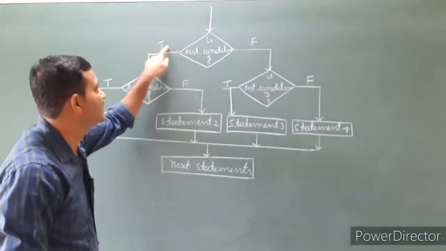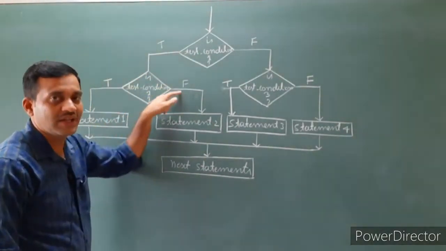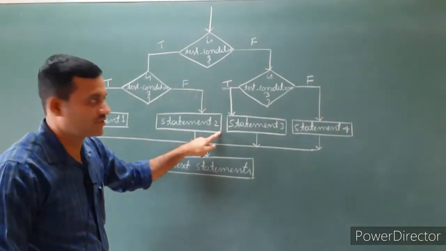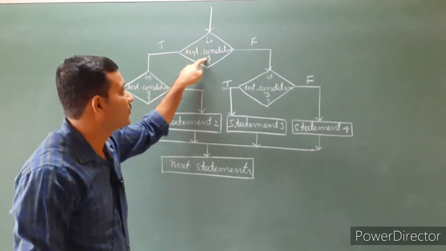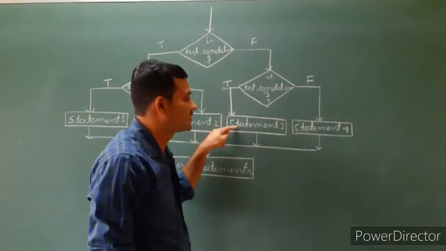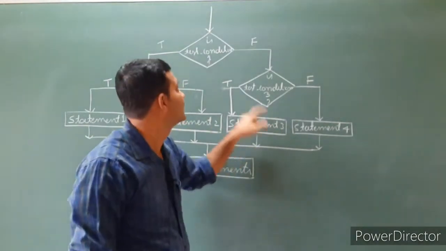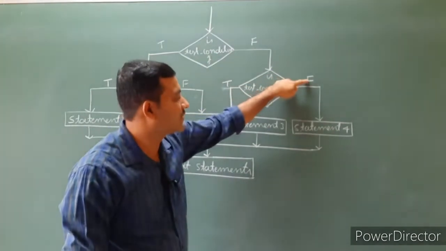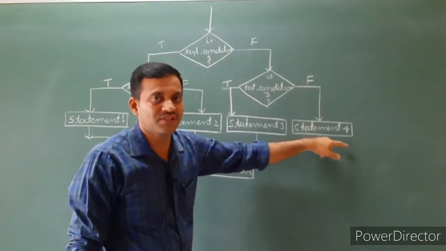If test condition 1 is true and test condition 2 is false, then statement 2 is executed. If test condition 1 is false and test condition 3 is true, then statement 3 is executed. If test condition 1 is false and test condition 3 is also false, then statement 4 is executed.